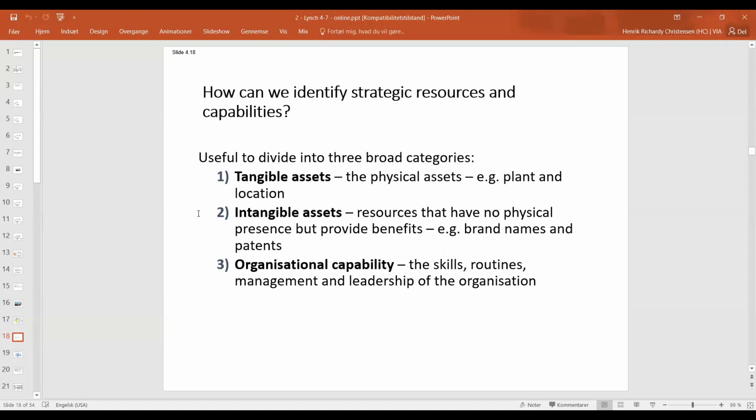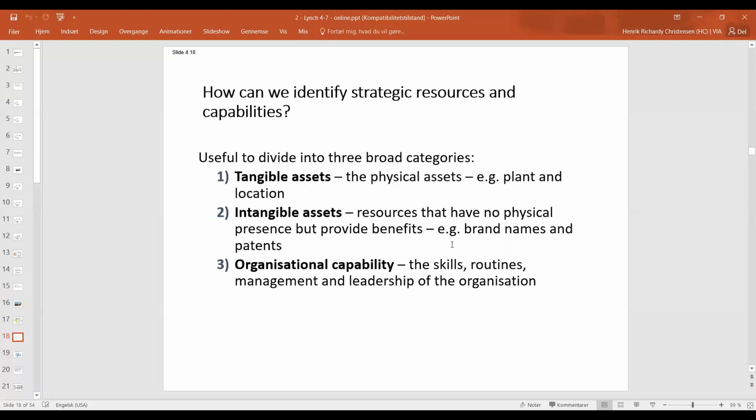Those resources have no physical presence, but they can provide lots of benefits. Here, examples: brand name is a very obvious thing, and also patents. So intangible assets can be very valuable simply because they are creating a lot of value to the company.